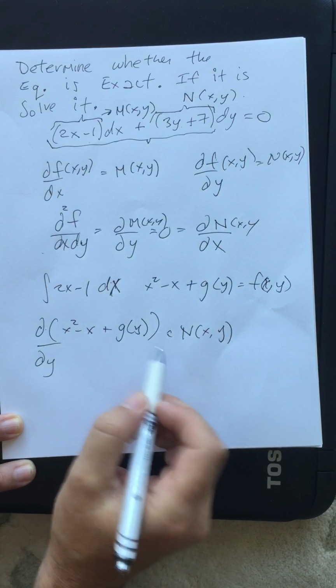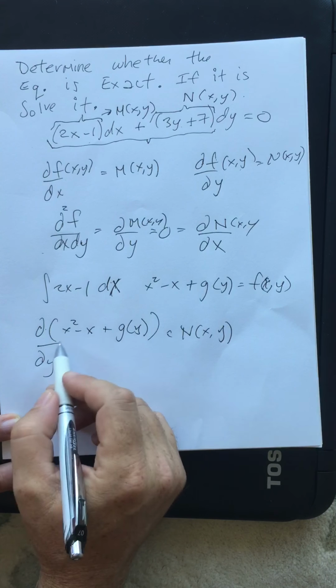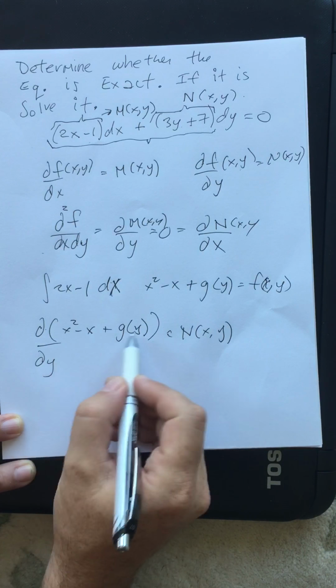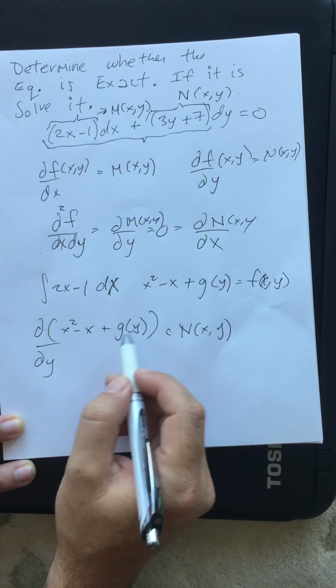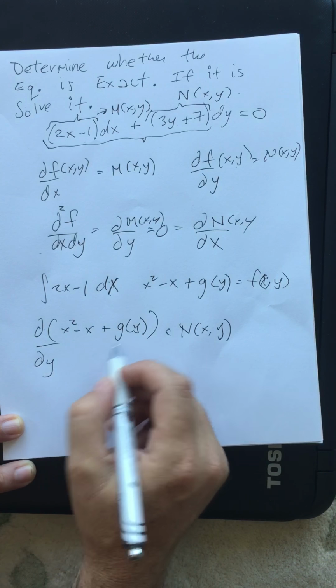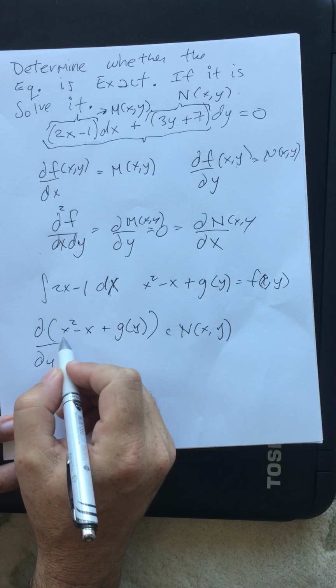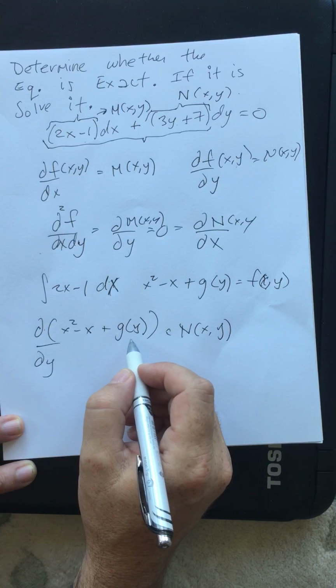So we'll be able to compare the derivative of this function with respect to y. Let's do that. What's the derivative of x squared with respect to y? 0. What's the derivative of x with respect to y? 0. What's the derivative of g(y)?